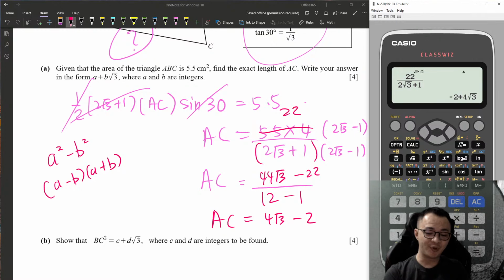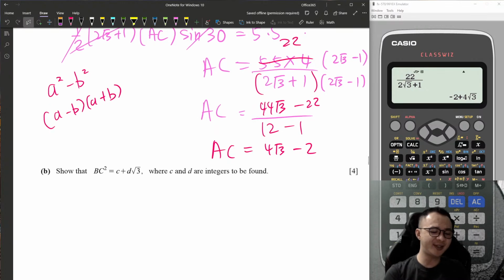Yep, you see the calculator will tell you the exact answer, but because they give you 4 marks, I believe you have a method mark, which is you have to show the rationalize. Yeah, and in order to get the 22 here, I believe you will get another 1 mark here. So you can't just straight away type in the calculator to get the final answer, or else you will lose 1 to 2 marks. Okay, easy peasy.